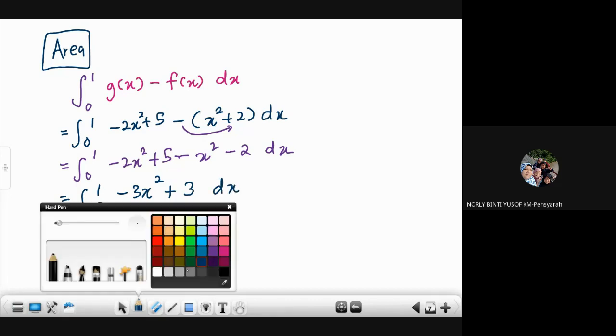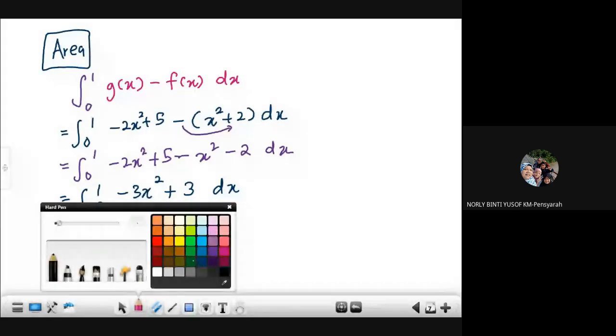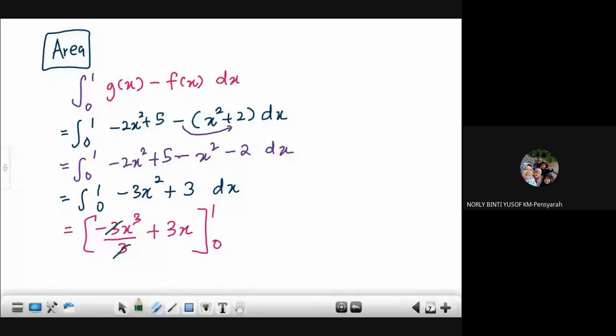Okay, lepas tu barulah you integrate, hilanglah cangkuk tu kan. So negative 3 x kuasa 3 bahagi 3 tambah 3x, from upper 1, lower kosong. Ni boleh simplify. So masukkan negative 1 kuasa 3 ni pun sama, tambah 3, 1. Okay, then you minus lah, you minus with 0 sebab dua-dua term ni adalah x.